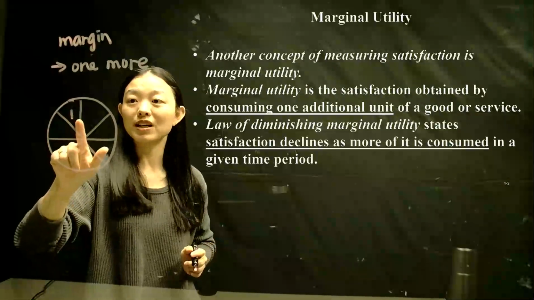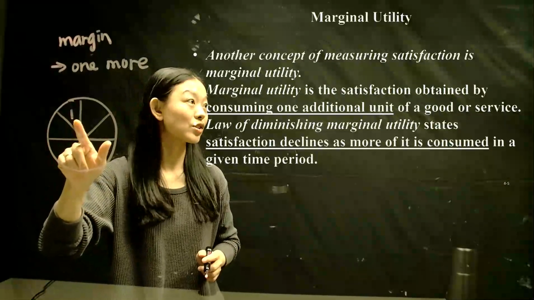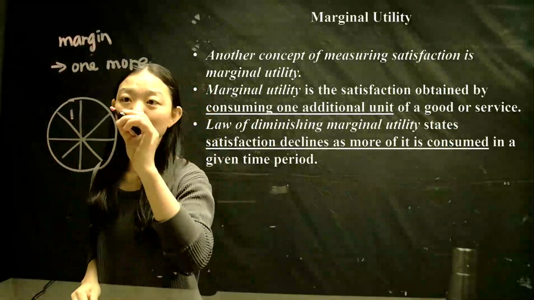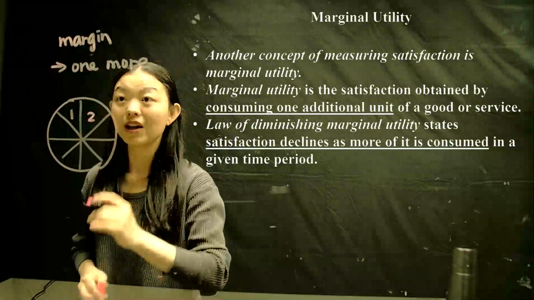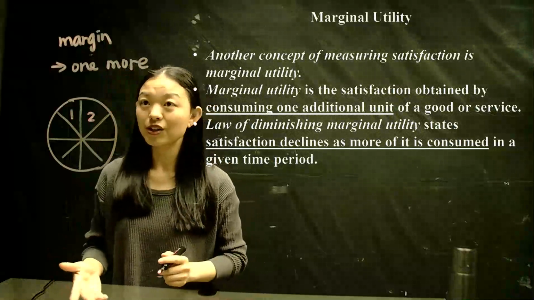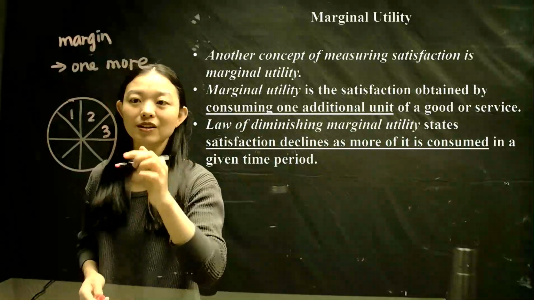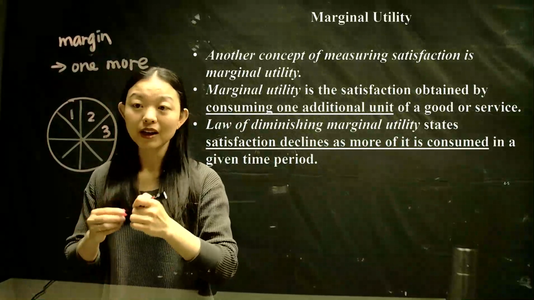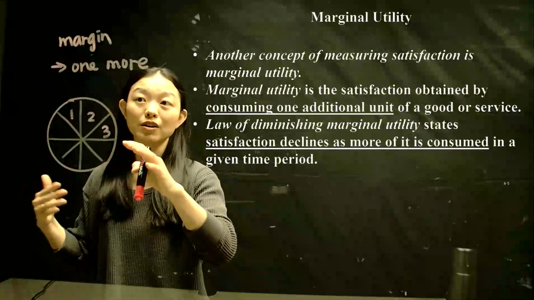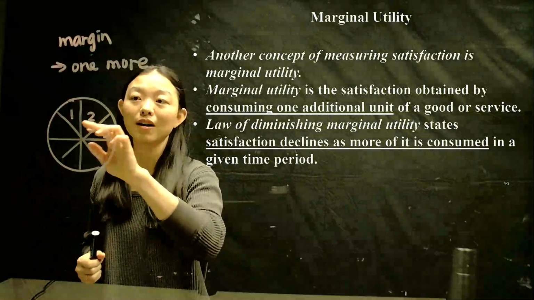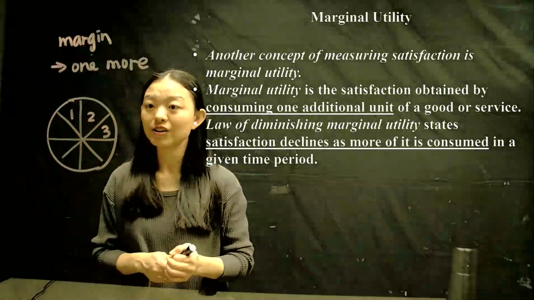I bet your satisfaction is pretty large, right? If you continue to eat the second slice of pizza, it's still pretty good. And if you eat the third slice, I believe your satisfaction is still increasing, but it will not be as large as the first one brought to you, right?